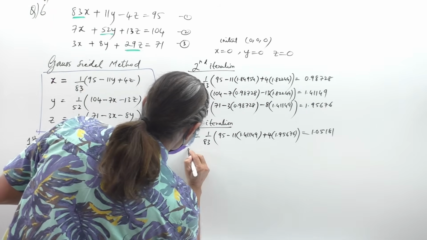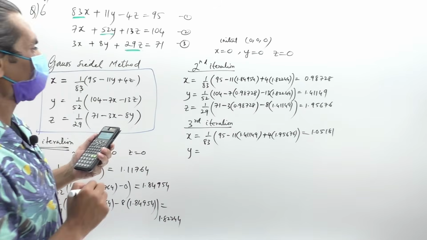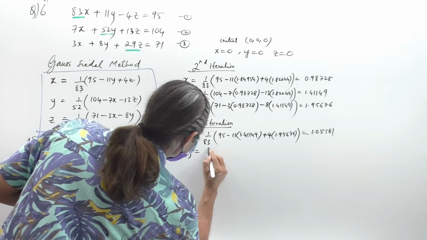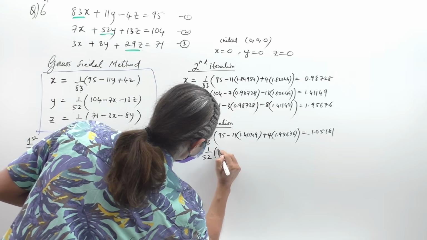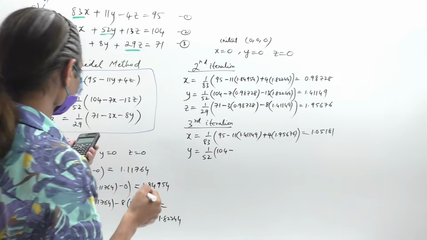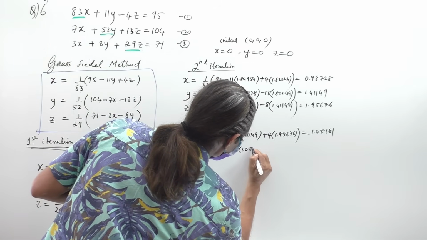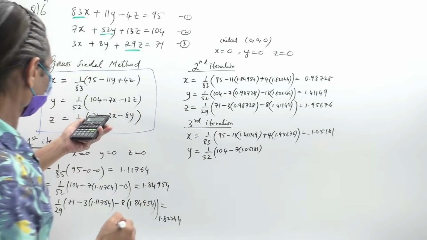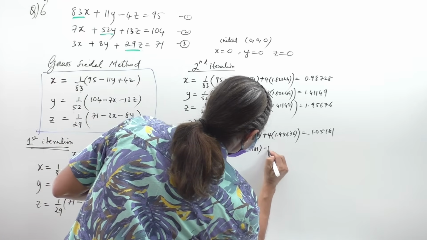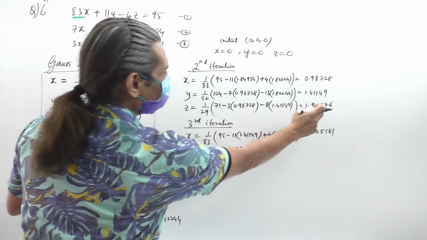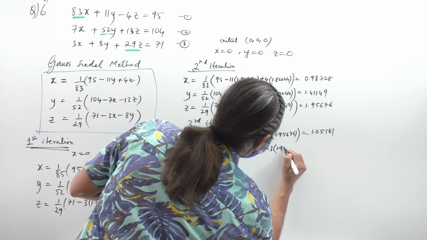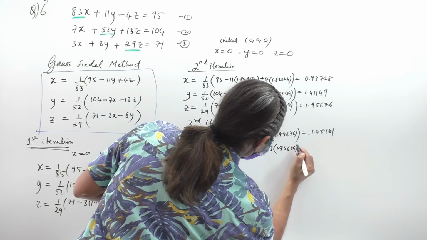Next y is equal to, similarly it's 1 by 52, 104 minus 7x. So 7 into, what is new x now? 1.05181 minus 13 into new z, which I found here, 1.95676.